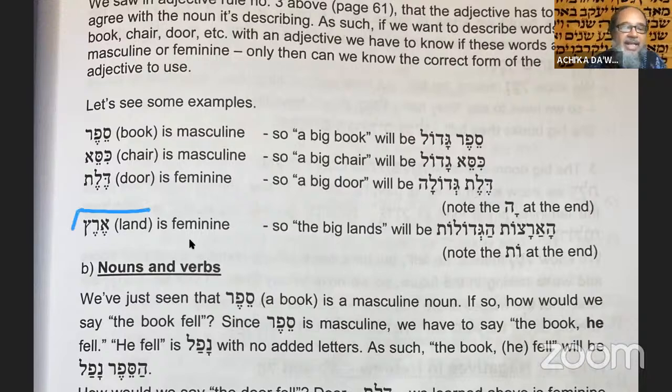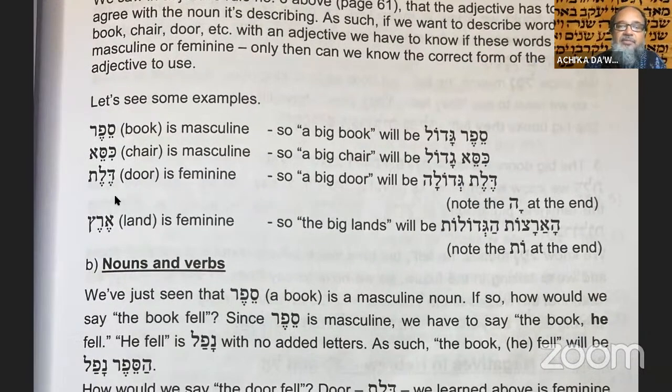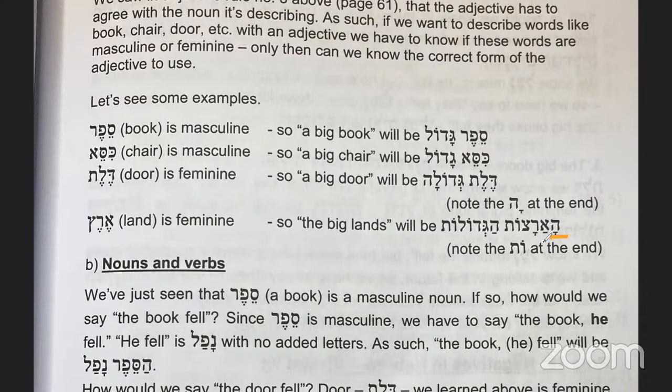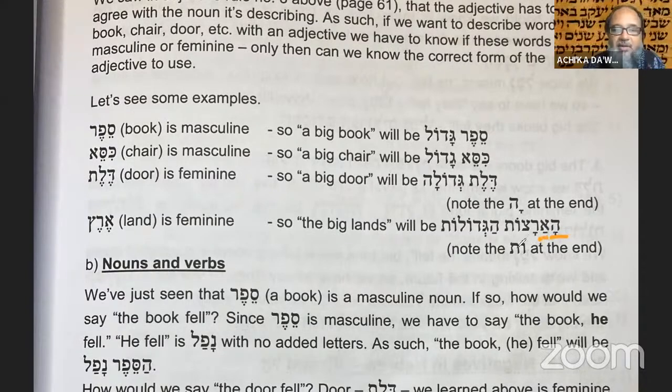So land is feminine. Who wants to give a shot at saying the big lands? Who wants to do that? Is it ha'aretz? Ha'aratzot.